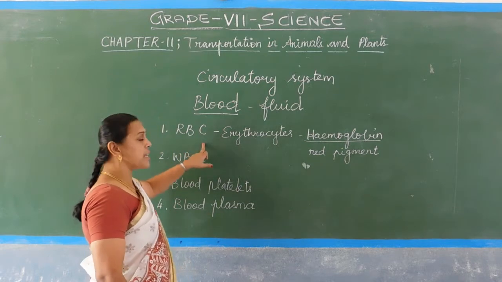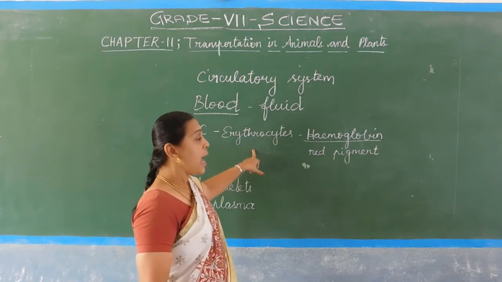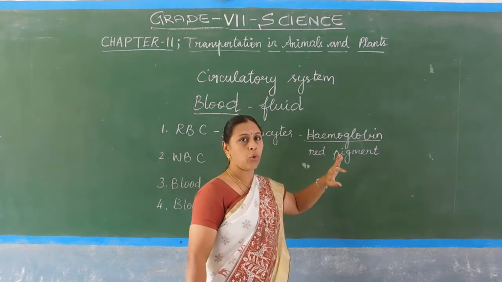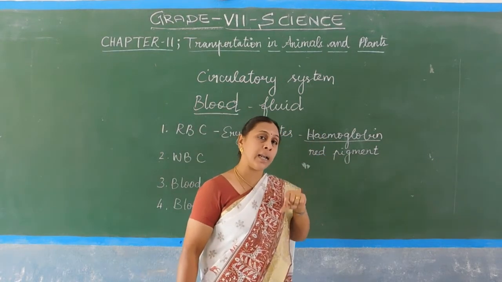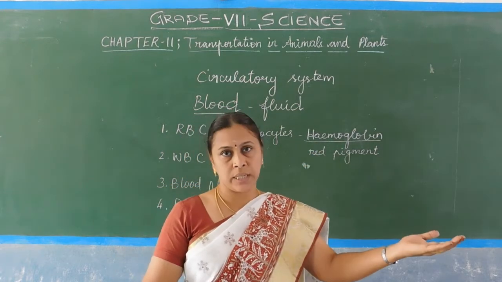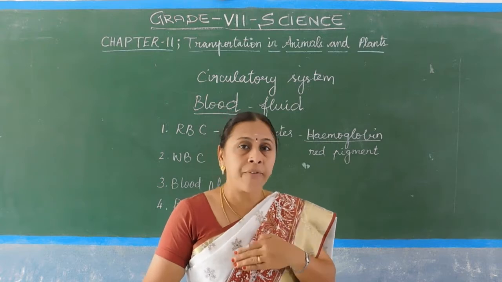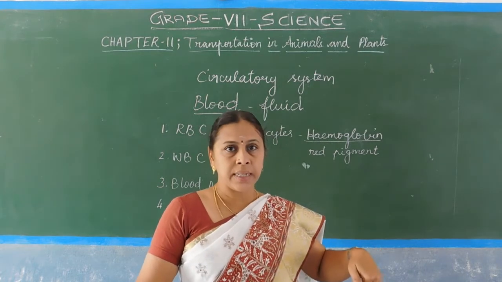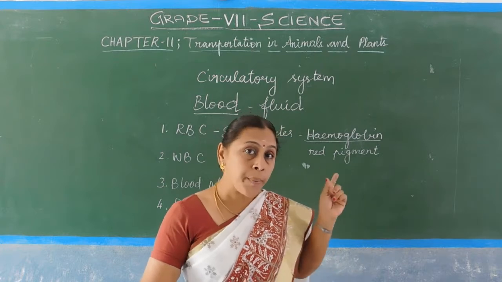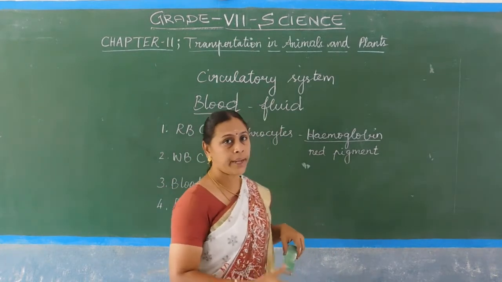And RBC is otherwise called erythrocytes and it contains a red color pigment called hemoglobin which gives the color to the blood and it has more affinity towards oxygen and it combines with the oxygen which the body gets from the respiratory system and it is transported to all parts. So RBC only carries the oxygen to all parts of the body.